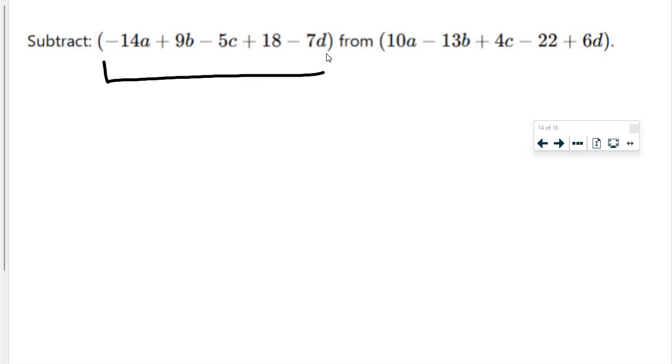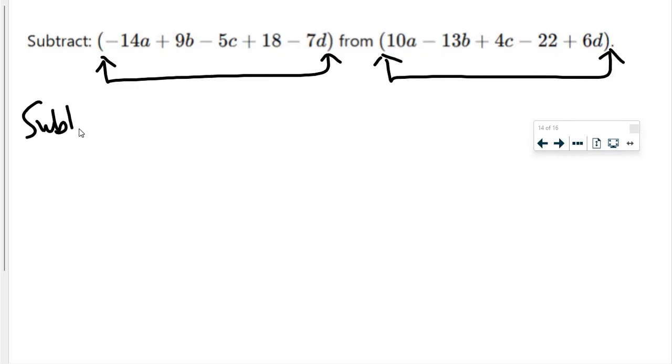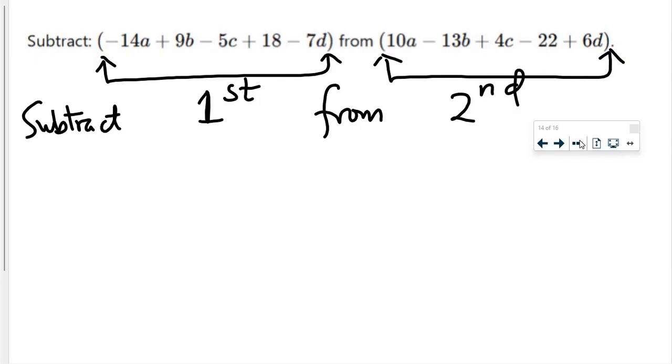Subtract this expression here from this expression here. So subtract, this is the first expression, from second expression.